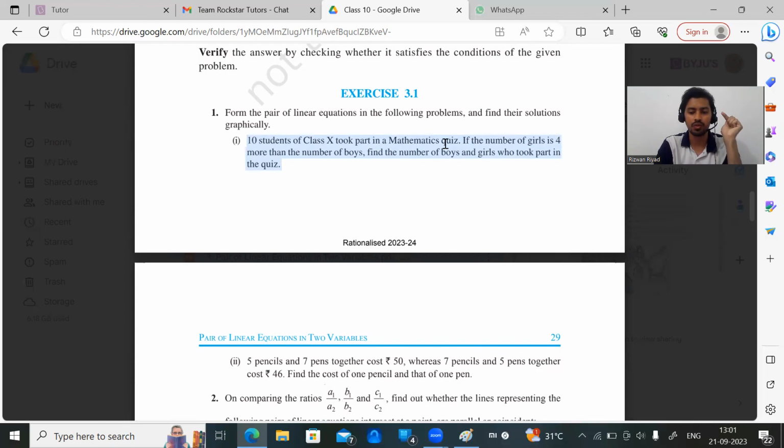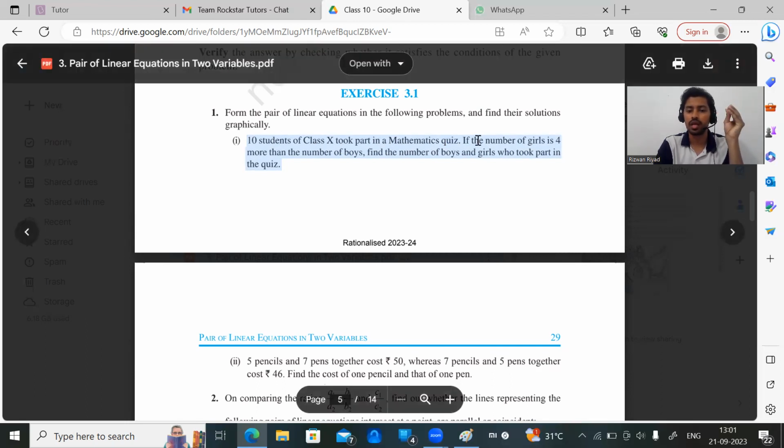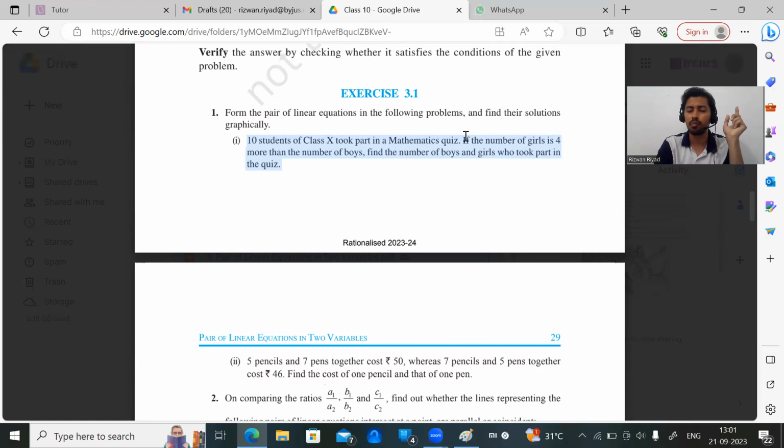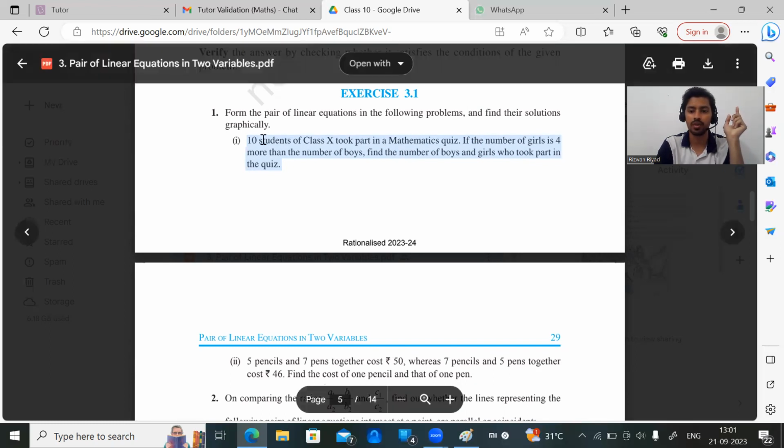There is a mathematics quiz. In that quiz, there are 10 students who participated, including boys and girls. The exact number of boys and girls is not given, and that is what we need to find. But hints are given. One hint is that the total number of participants is 10.